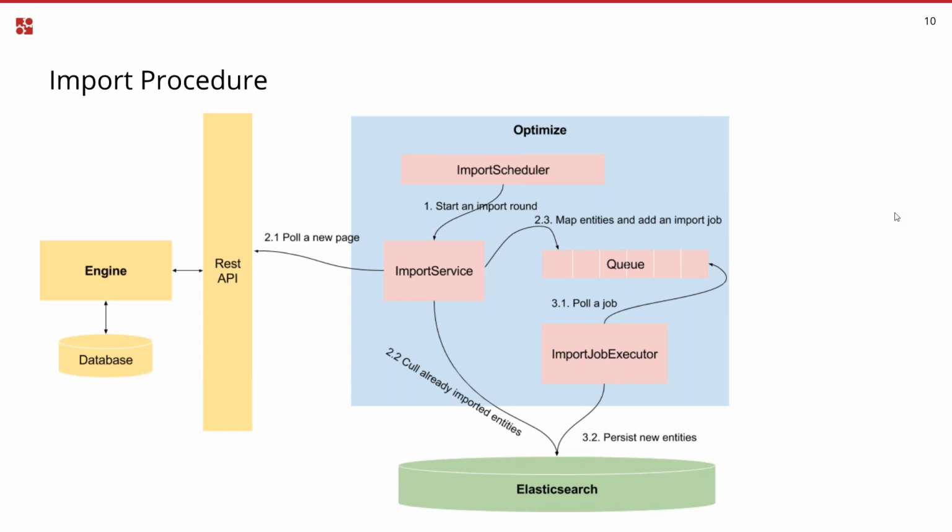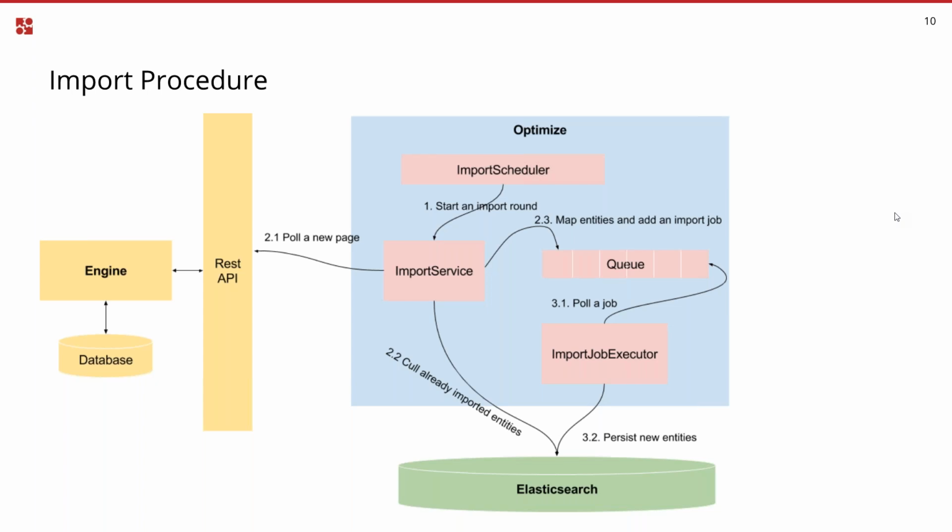And there we have this kind of architecture where first we have a scheduler that starts an import round, and we of course have to pull the data from the engine to import it. Here we use a polling mechanism that is always page-based, because otherwise we would get some memory issues, and also we don't want to strain the engine too much.